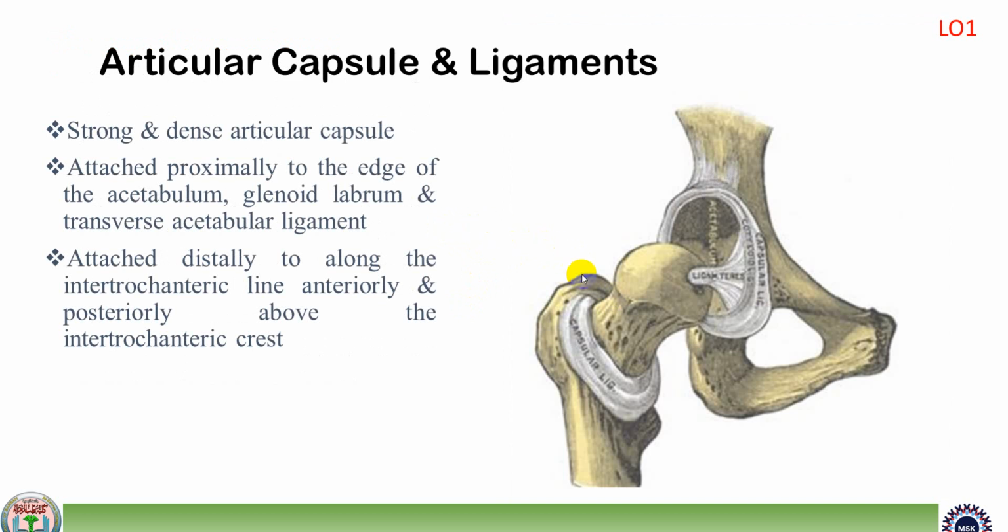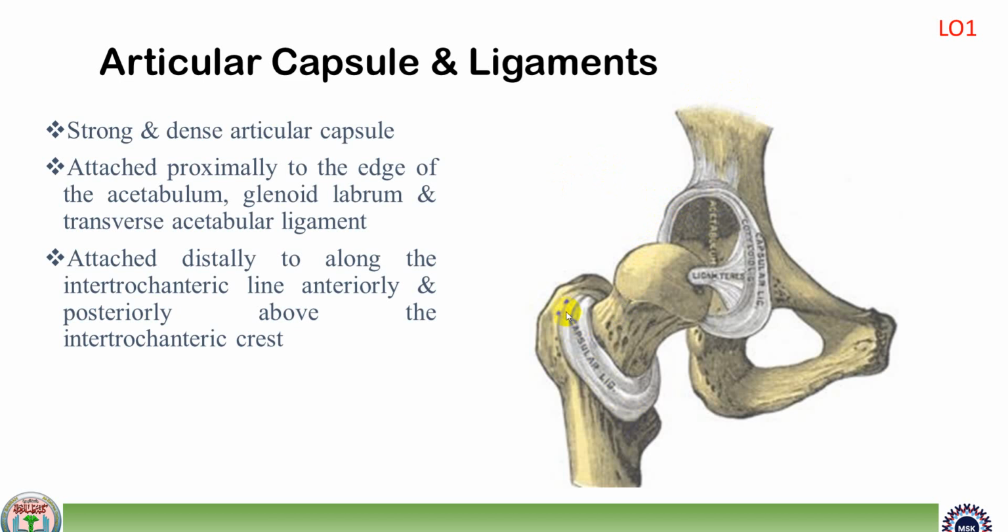Now we come to the capsule, which is strong and dense, attached proximally to the edge of the acetabulum, to the labrum and transverse acetabular ligament, and distally along the intertrochanteric line anteriorly.